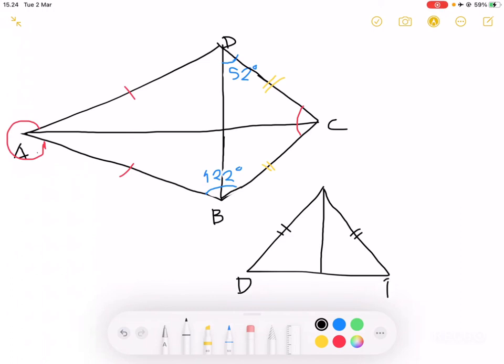This is vertex D, this is vertex B, and this is vertex C. And we know this is 52 degrees as well. Alright, so notice that this triangle is an isosceles triangle. That means this other angle must be equal to 52 degrees. And from here, it's pretty obvious to find the angle BCD, which is just 180 degrees minus 52 degrees minus 52 degrees. And when you work this out, you will get 76 degrees.